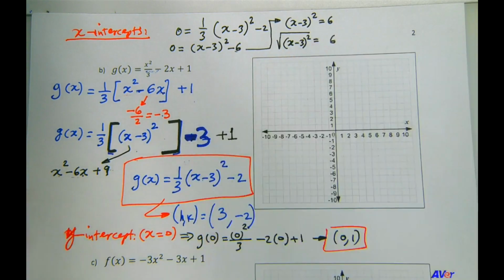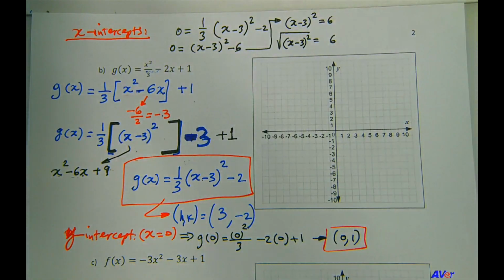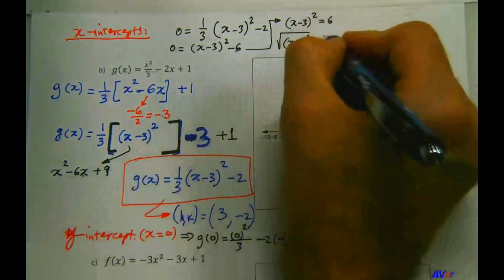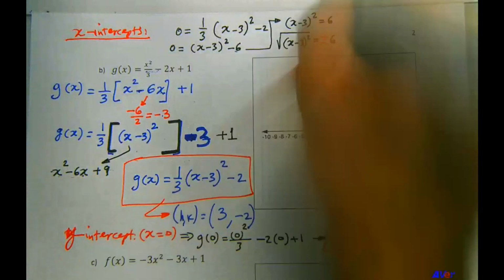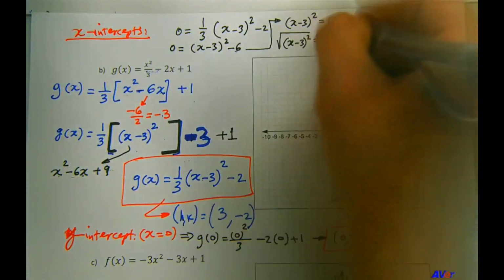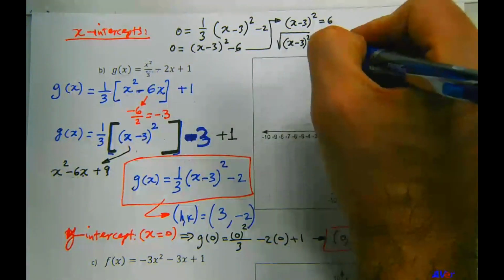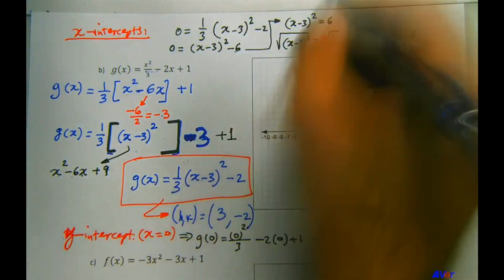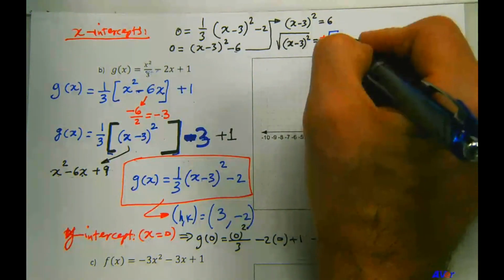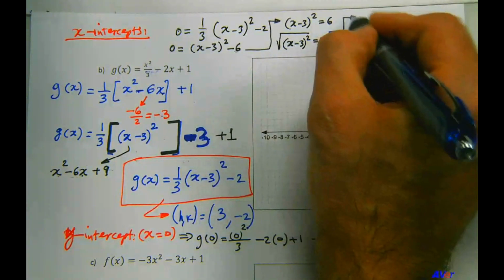Is this correct? When I took the square root of both sides, is that correct? There is something missing. What is missing? What's missing is plus or minus, right? Plus or minus square root of 6 I meant. Sorry about that. Okay, so now we can continue here again.